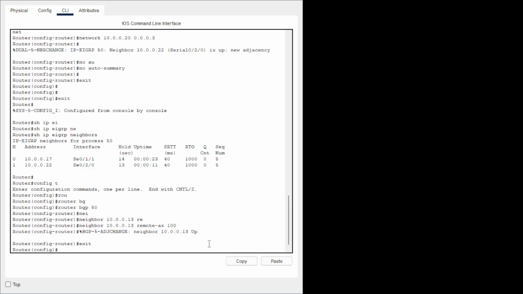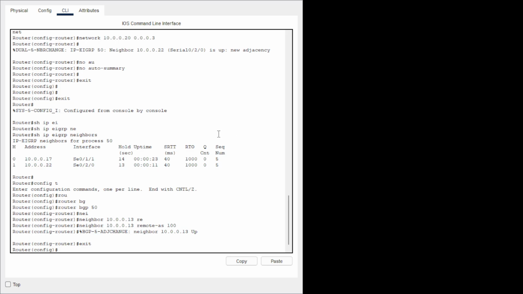The serial port has a bandwidth of 1.544 Mbps. So let's see from here also. Interface SE 0/2/0. The serial port has a bandwidth of 1.544 Mbps.